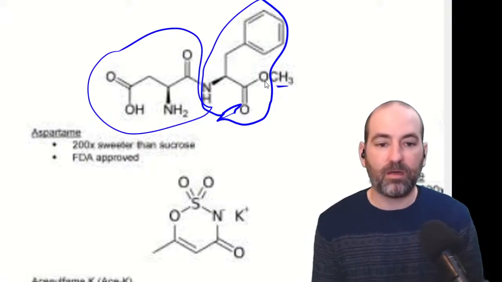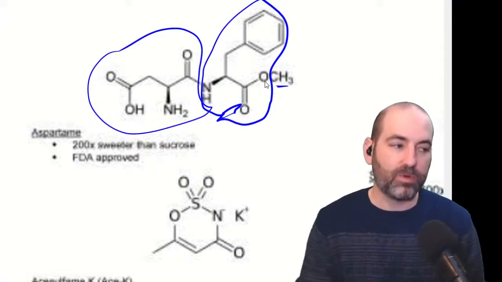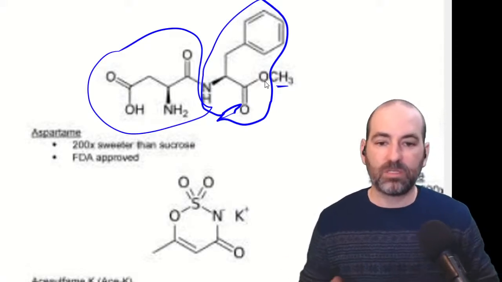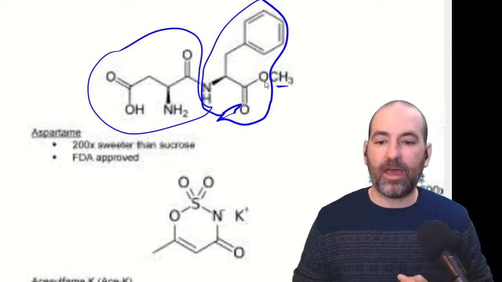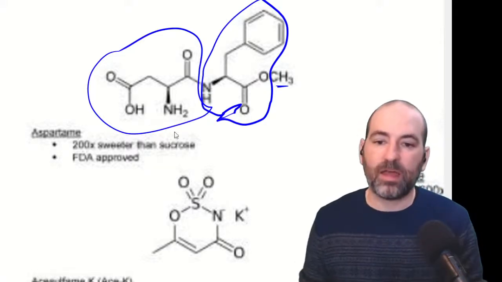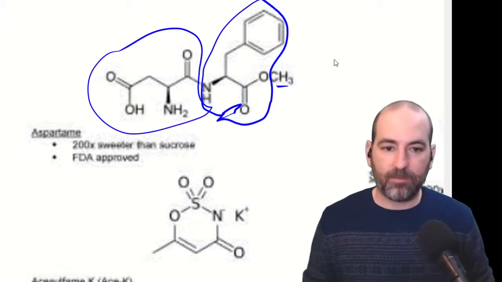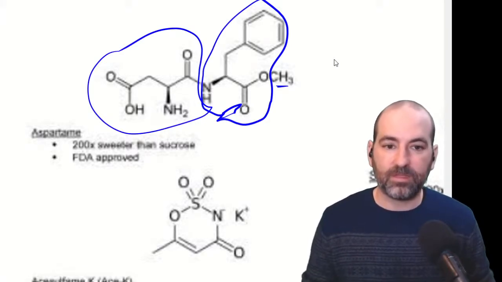Now, it being amino acids also helped with safety, because we know how amino acids, proteins, and peptides are processed in the body. And there's now decades and decades of research behind aspartame showing that at normal consumption levels, we've never really found evidence of negative effects.